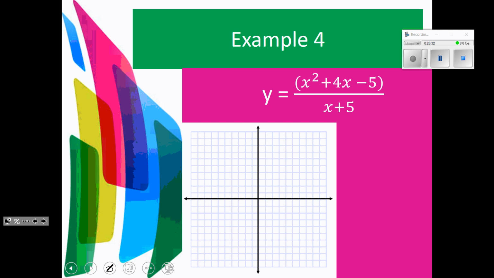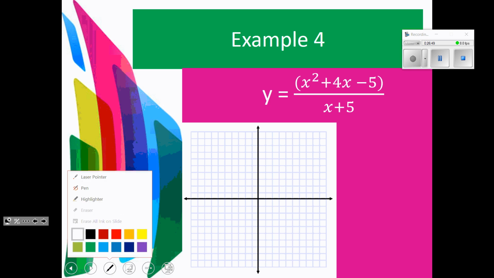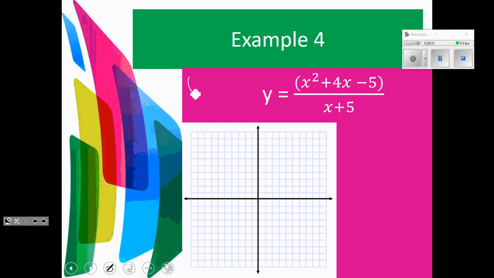Okay, so let's look at example 4. First thing I'm going to do is factor this. So let's factor this into x and x, and I'm going to do +5 and -1 over x plus 5.